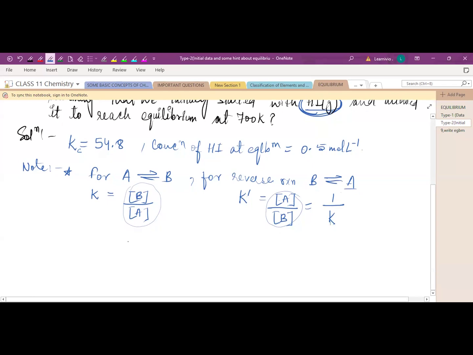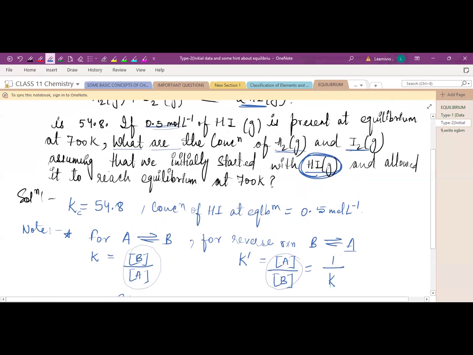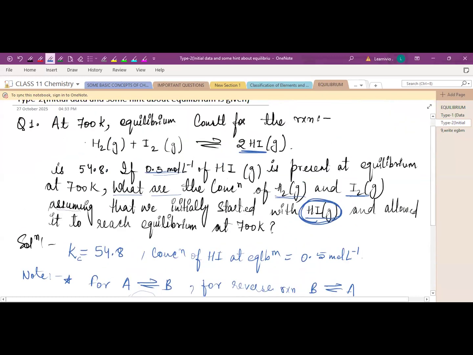Now coming to the equation. I'm just repeating this line: assuming that we initially started with HI. The equation given is H2 plus I2 gives 2HI.